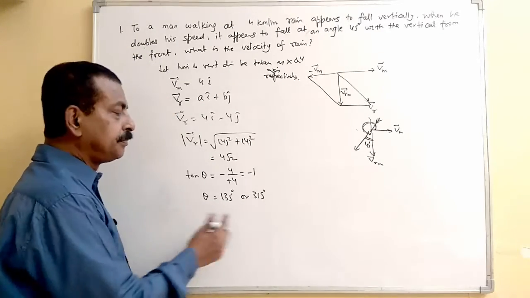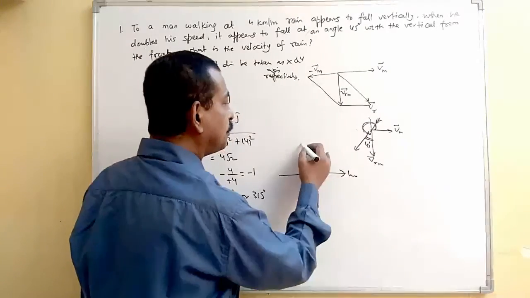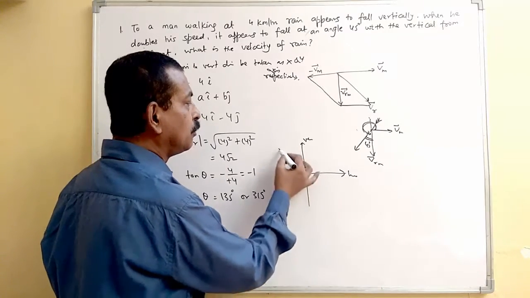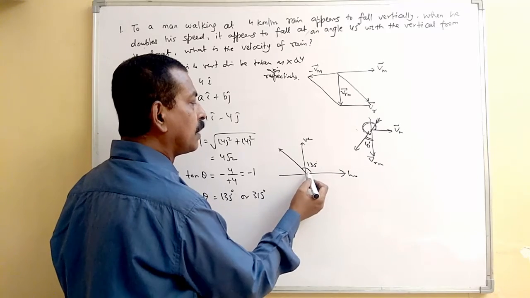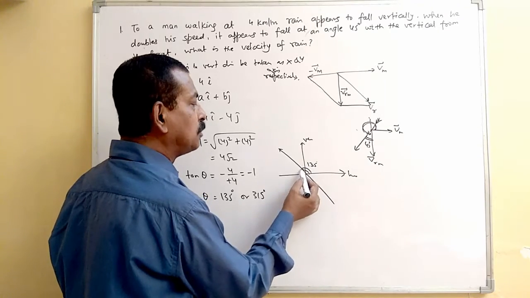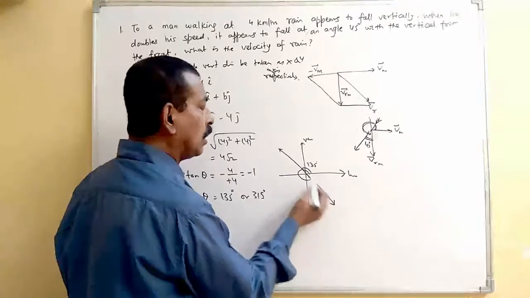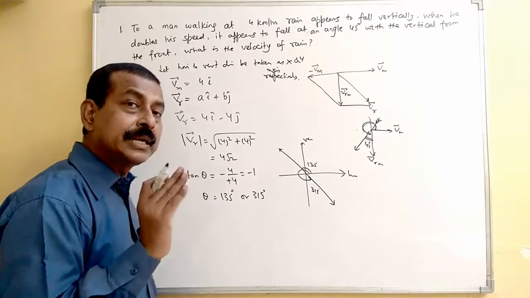Here, if you see, if this is the horizontal and this was the vertical, 135 degree angle orientation will be something like this. And 315 will have orientation like this. It is rain.